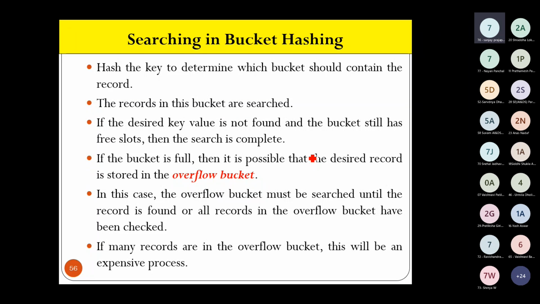But if we do not find the record in that particular bucket, then we need to search for that record in the overflow bucket. If the record is not found in both, the bucket whose address we got from the hash function as well as the overflow bucket, then we say the record is not present in the hash table.